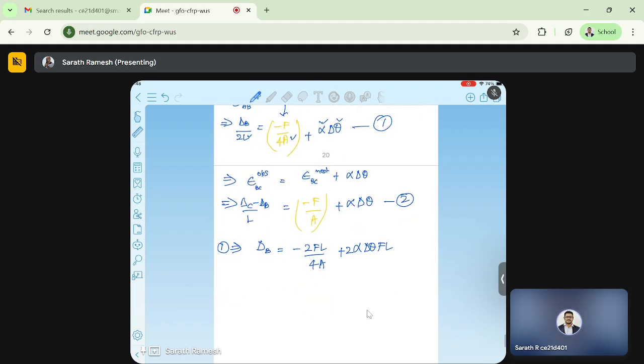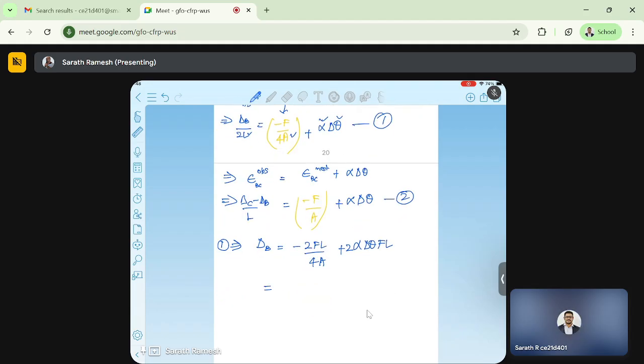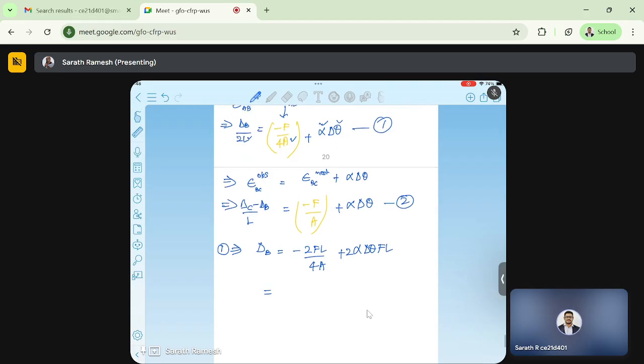So F is the unknown. Wait a minute, F is not there in the second expression. How did it come? It cannot come. Yes, F is the only thing unknown. Maybe we'll substitute it back. Let's say this is 3.